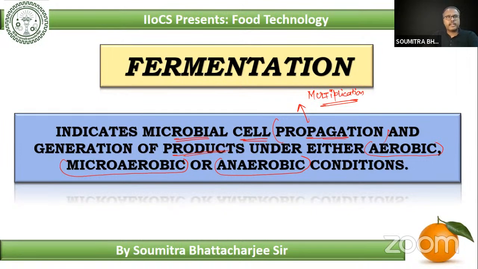The microaerobic condition means a limited supply of air is applied. And the anaerobic condition is fermentation occurring in an environment in which there is no air, no oxygen. That is what we call fermentation.